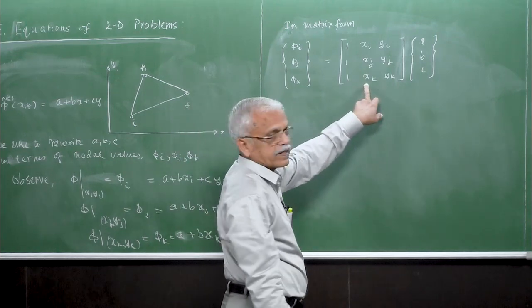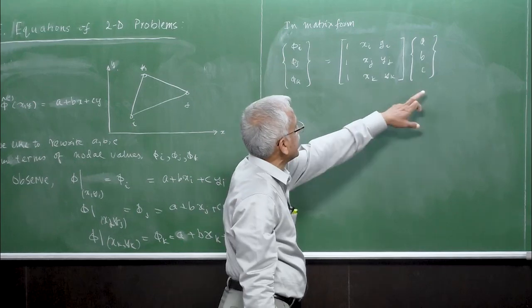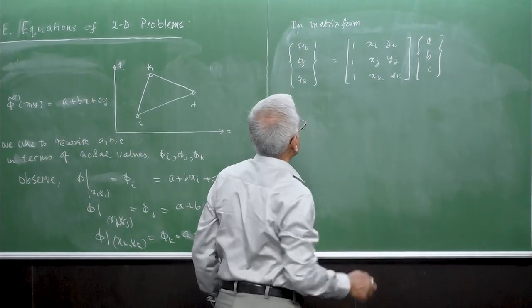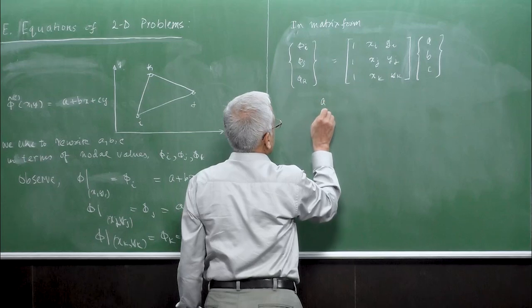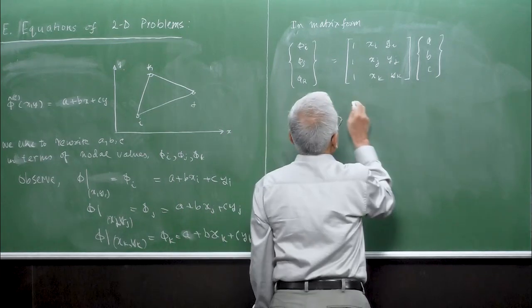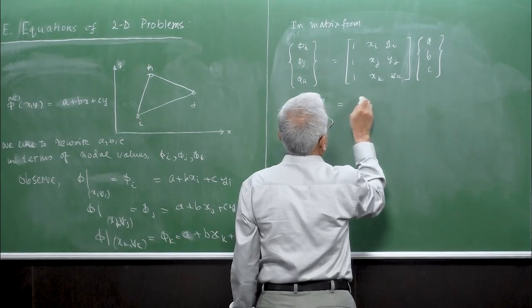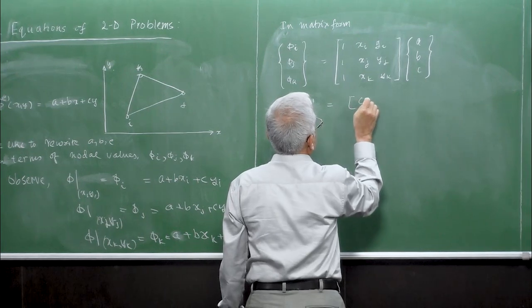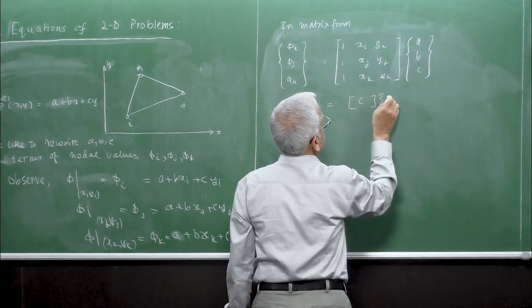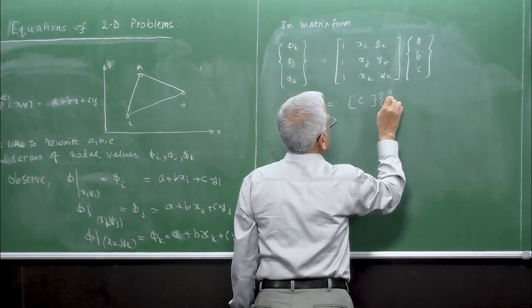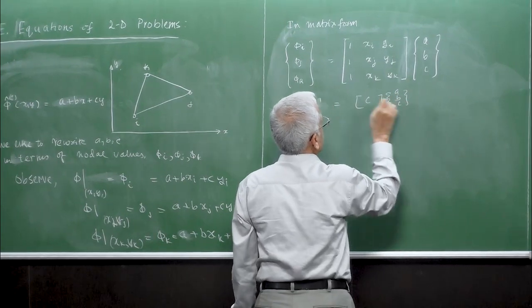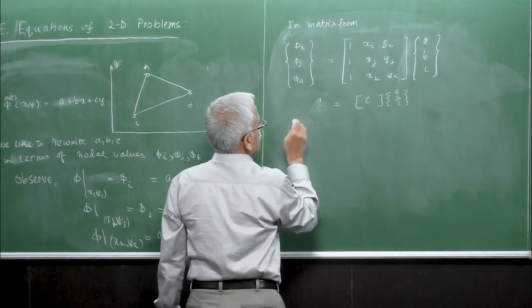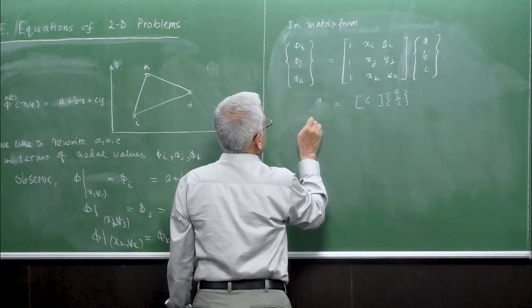This is the matrix of coordinates, and this is a, b, c. So that means that now, if you call this some matrix C, the coefficient matrix here, please don't get confused this C with this C.